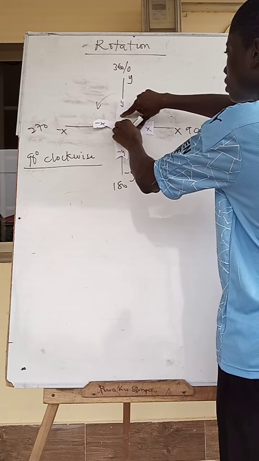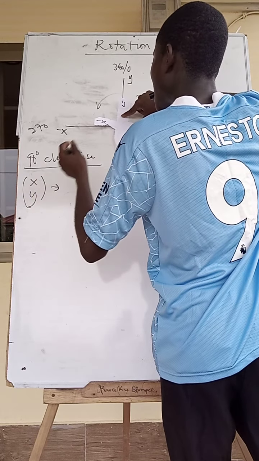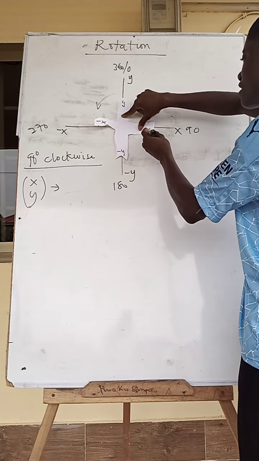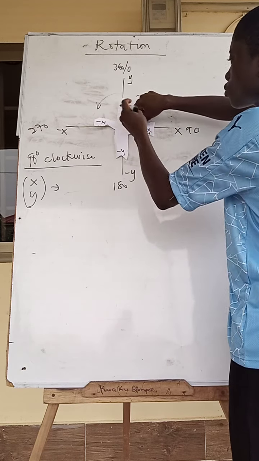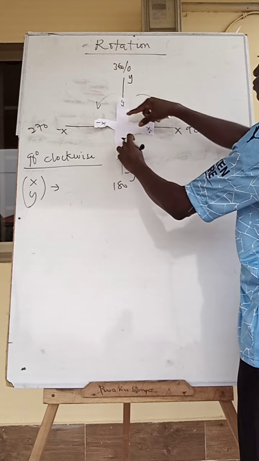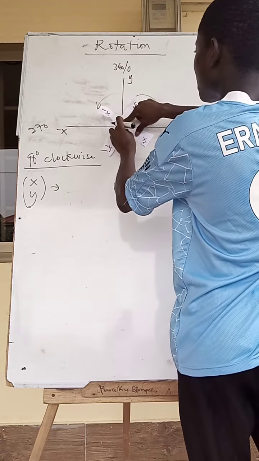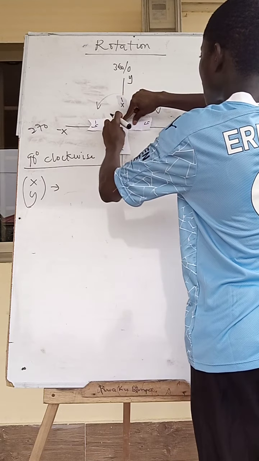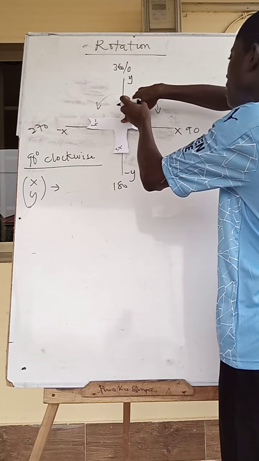So here, the formula is what? x, y. So we start from x. This is x, as you can see, and this is y. We are turning just 90 degrees. You see the position of x has changed.